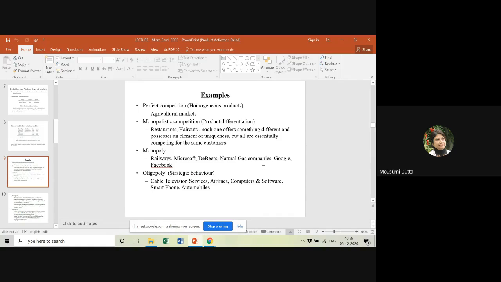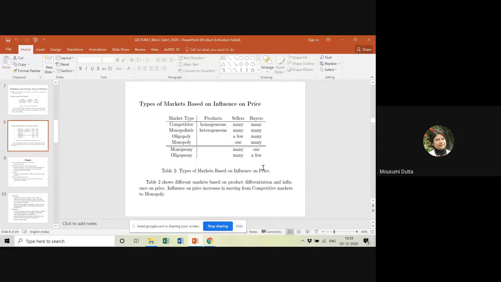So this oligopoly is very interesting and will be related to the entire lessons of game theory. These are the basic things I needed to mention about the 4 types of commodity markets.